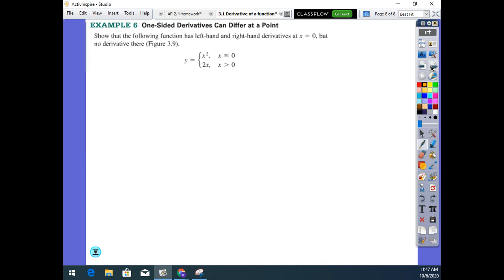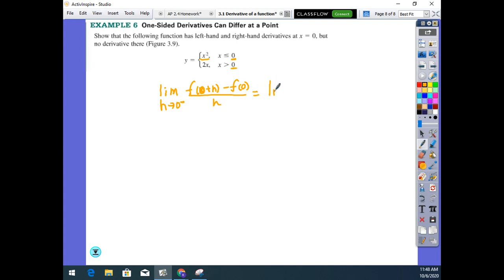All right, so the last problem, typically where we see this is with piecewise functions. And so what we're going to do is find the limit as h approaches 0 from the left of f of 0 plus h minus f of 0 over h. We're only going to check at 0. So if we're coming from the left, I'm only going to use x squared.